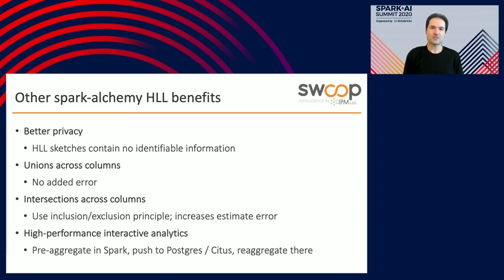There are lots of other benefits to using HyperLogLogs in your production. HyperLogLog data structures are privacy safe. They take potentially unsafe things such as IDs and turn them into opaque binary sketches using one-way hashing. You can perform unions and intersections on HyperLogLog sketches, both across rows and across columns. Unions are lossless. Intersections can increase the error rate.